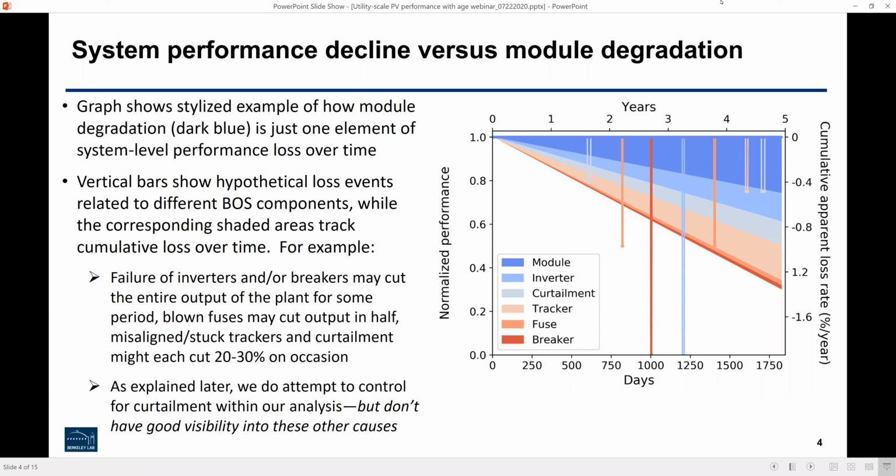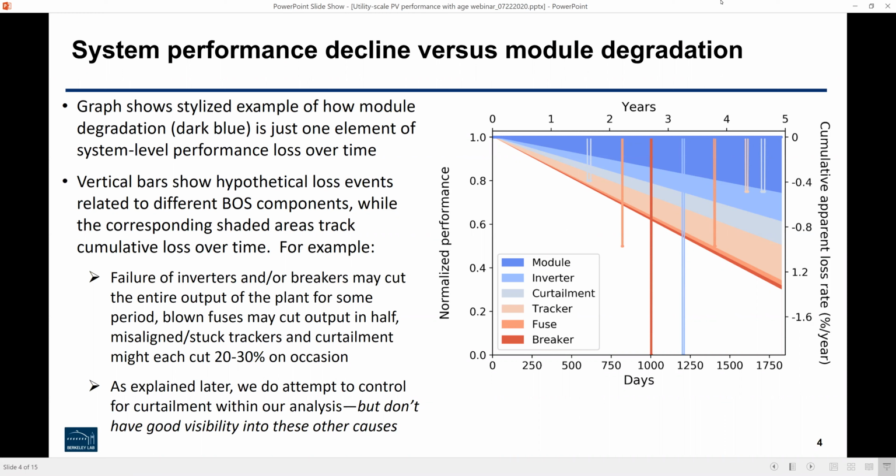The vertical bars in the graph that drop down from the top show isolated hypothetical loss events related to different balance of system components, while the correspondingly colored shaded areas or wedges track the cumulative loss over time resulting from these isolated events.